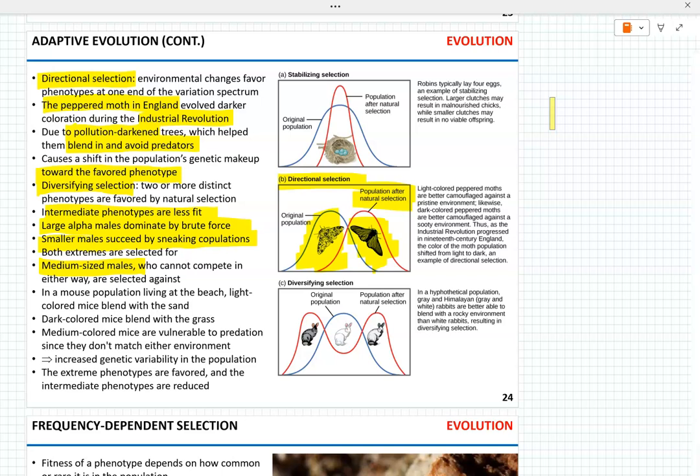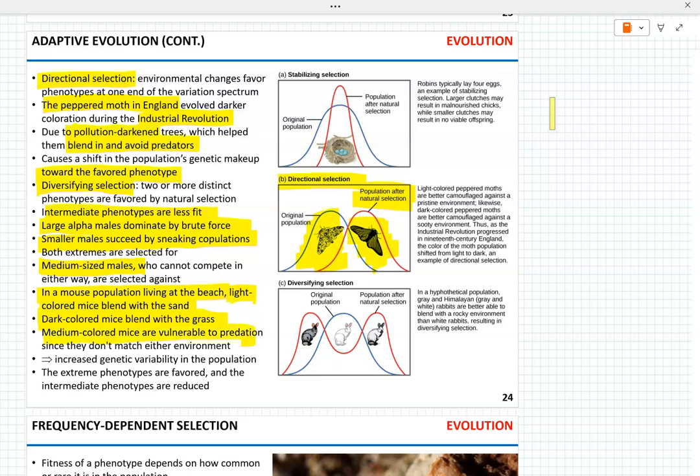Another example: imagine you have mice that live at the beach and mice that live in the grass. Light colored mice will blend with the sand and will be the predominant population at the beach. Dark colored mice will better blend with the grass and will be the more common genotype in the meadows.